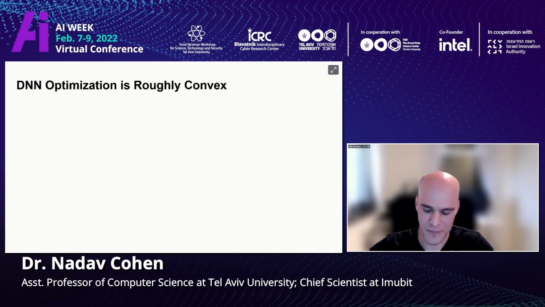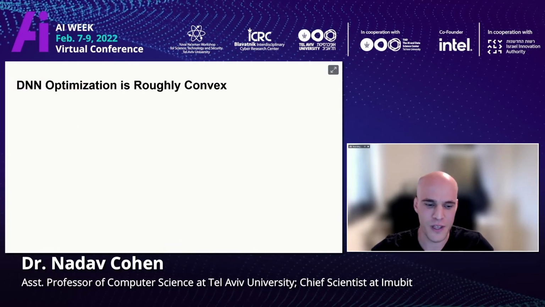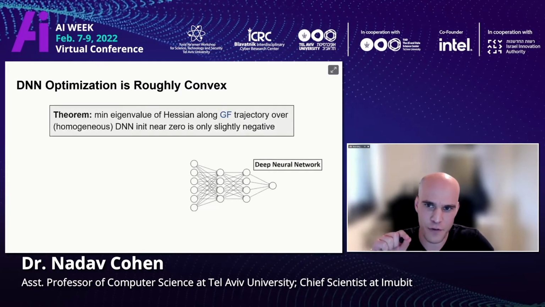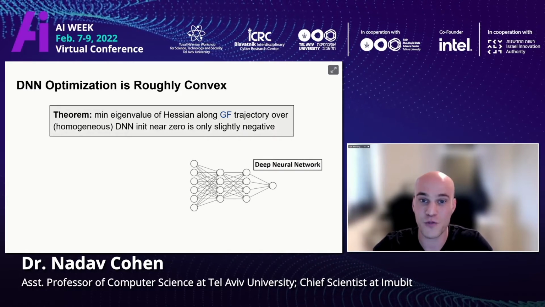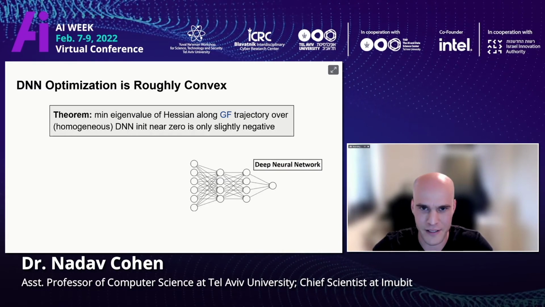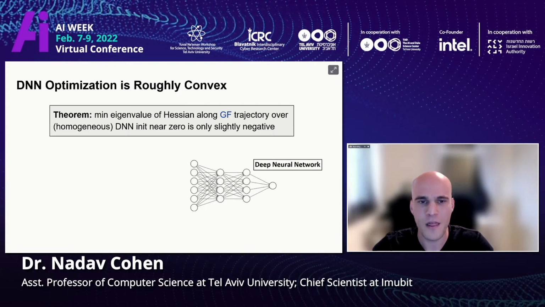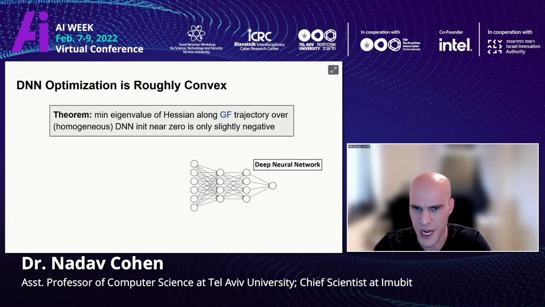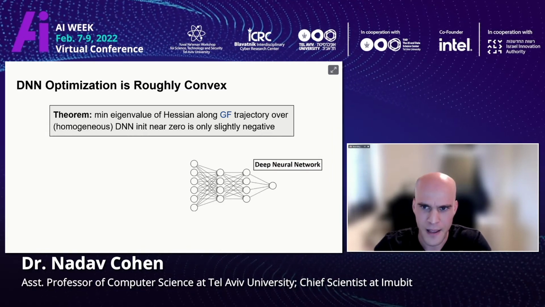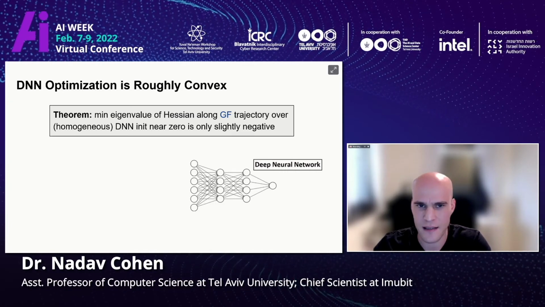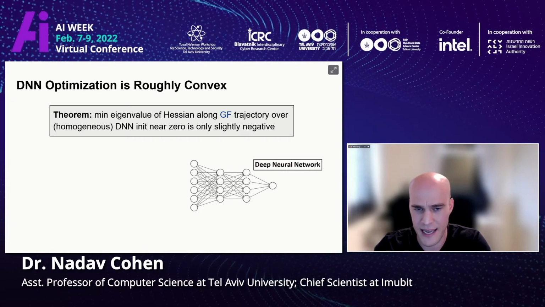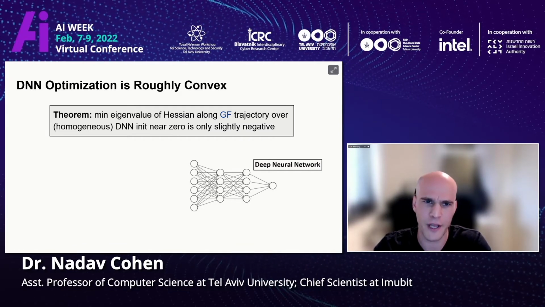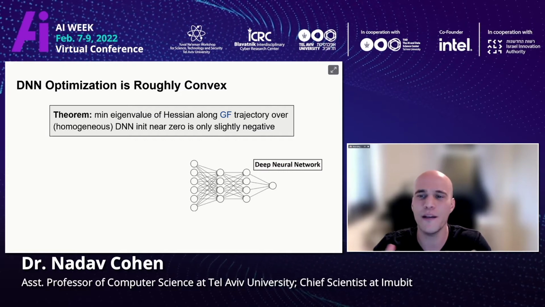So fortunately, in the case of deep neural networks, even though the objective is non-convex, specifically over trajectories of gradient flow, it's roughly convex. To be a bit more specific, the minimal eigenvalue of the Hessian along gradient flow trajectories, if these trajectories start near the origin, and the optimized objective is that of a deep neural network with homogeneous activation, be it ReLU, leaky ReLU, or linear, is only going to be slightly negative.